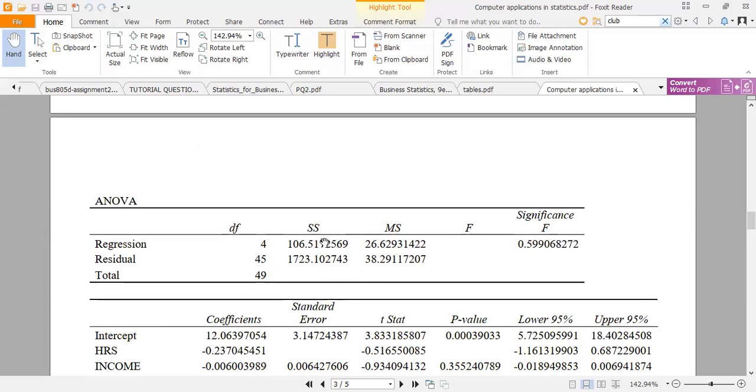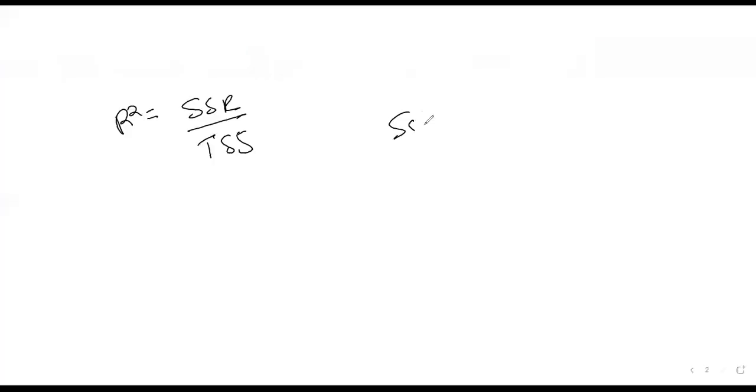So in this table, you see we have residual, then we have SS. So this is sum of squared. So the regression figure here is the sum of squared for the regression. So sum of square regression is 106.52.